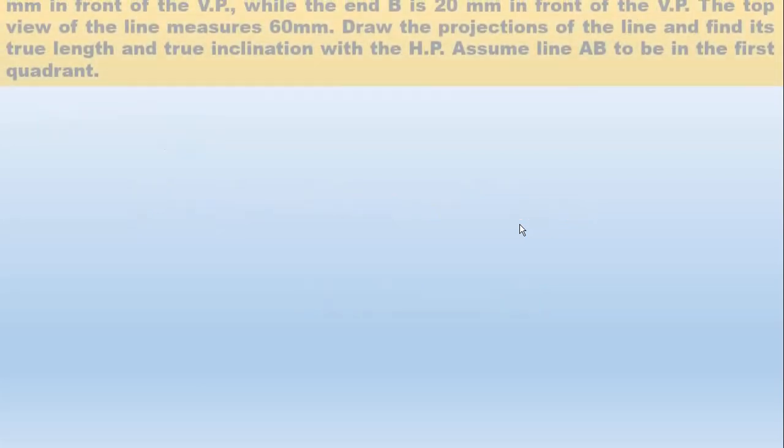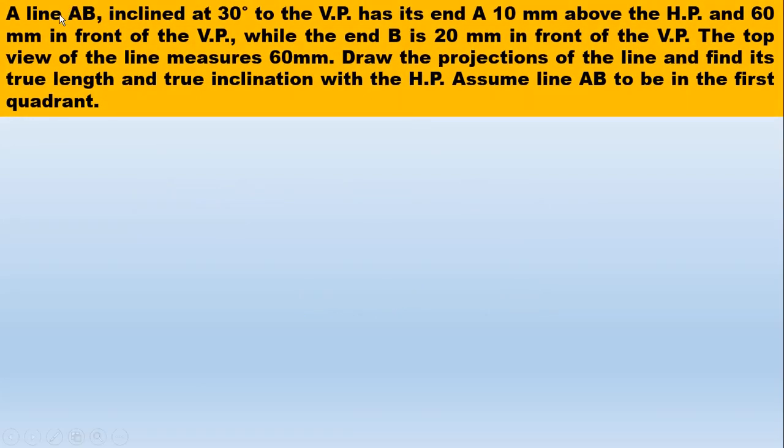The data is: line AB inclined at 30 degrees to the VP has its end A 10 mm above the HP and 60 mm in front of VP. So inclination with respect to vertical plane is given, 30 degrees. Position of A is given, 10 mm above HP, 60 mm in front of VP. The end B is 20 mm in front of VP.